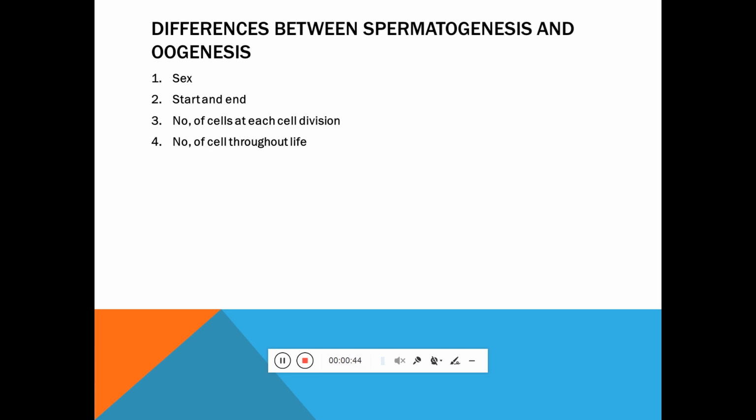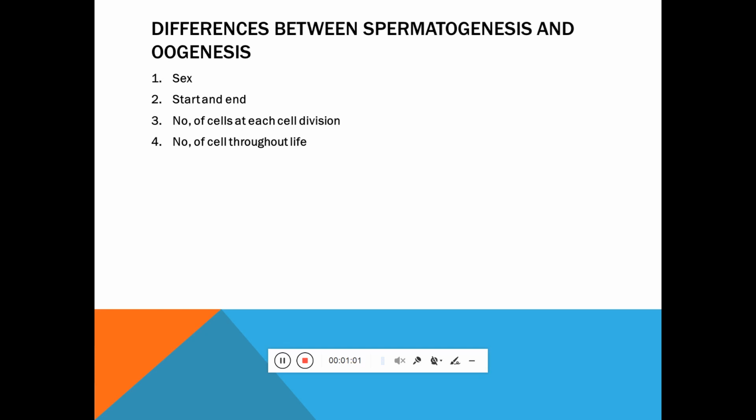In the ovary, we have learned that every month one ovum is released, known as ovulation, and the formation of ovum is known as oogenesis.